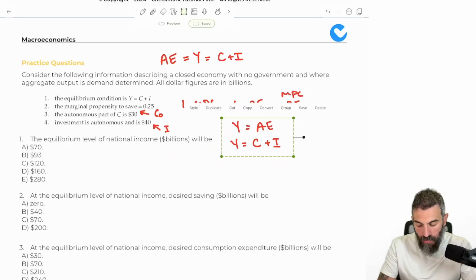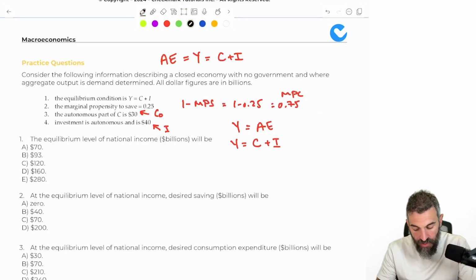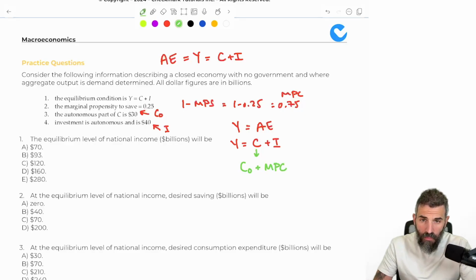If we keep expanding that, think about what we talked about at the beginning of this chapter. Consumption is autonomous consumption plus induced consumption, which is your marginal propensity to consume multiplied by your disposable income, YD. That gives me a chance to talk about this.